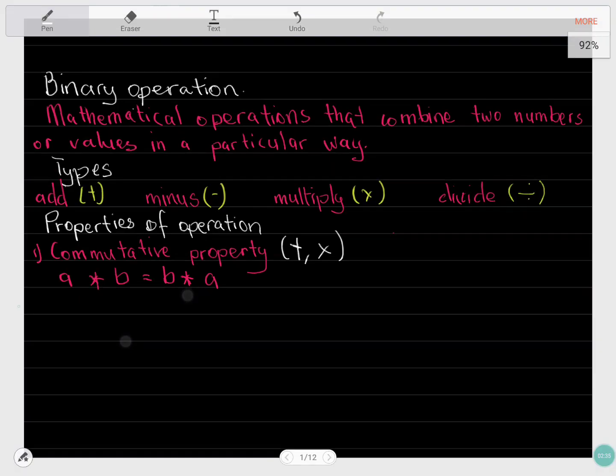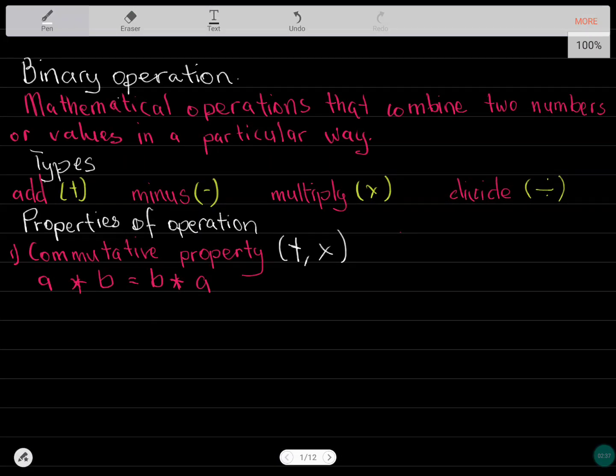Let's assume A is 5 and B is 2. Let's work this out and see what we are going to have. So star will be changing from addition to multiplication to subtraction and then division.